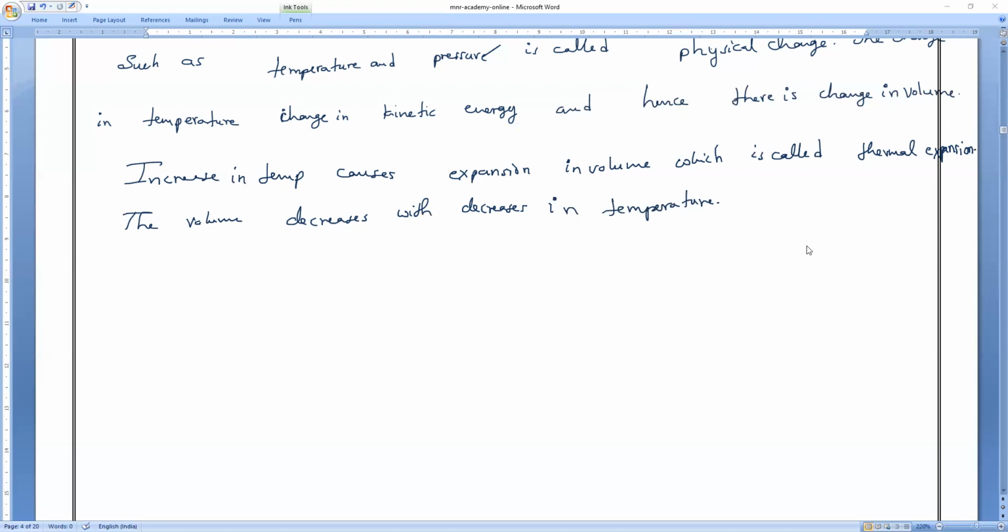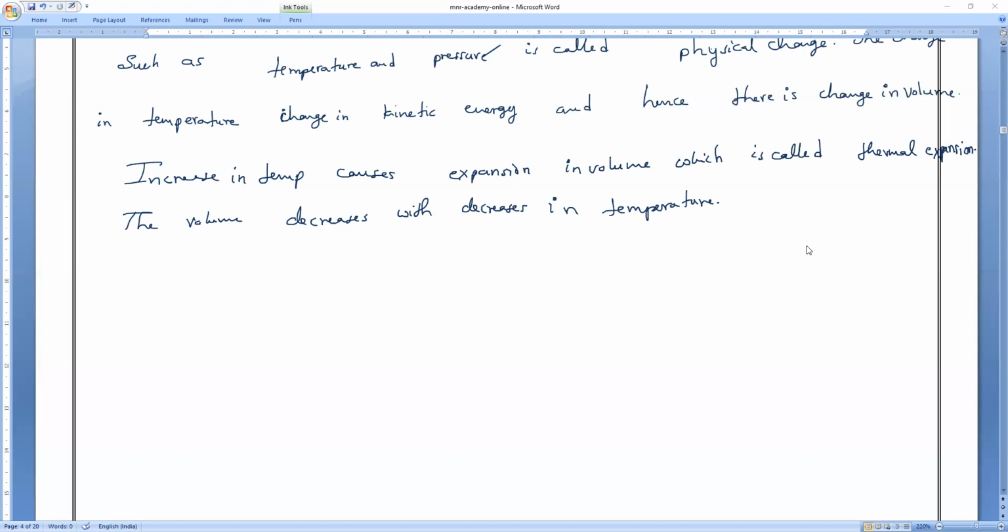So if I cool it, based upon this statement, generally shrinking of substances will take place. On increasing temperature, is the interparticle space increasing or decreasing? Temperature increases, so interparticle space increases.